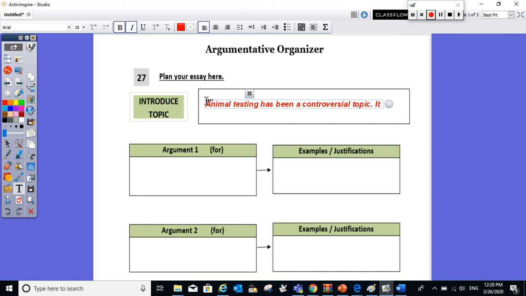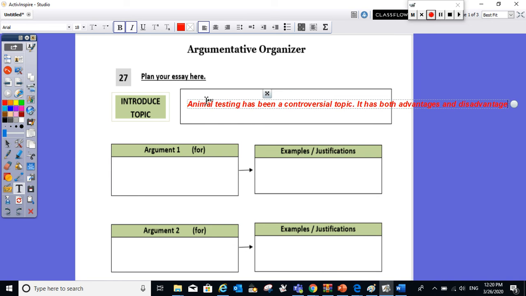So it has both advantages and disadvantages. Okay, so this is the way. There are different ways you can introduce your topic.